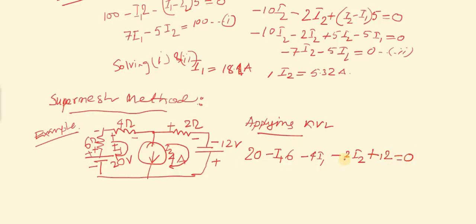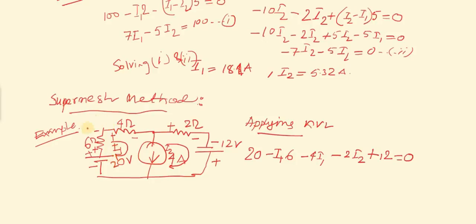This is our super mesh analysis technique. Once again, understand carefully that in this case we applied the super mesh technique, and here we assume mentally that this current source is not there and it is simply an open circuit.